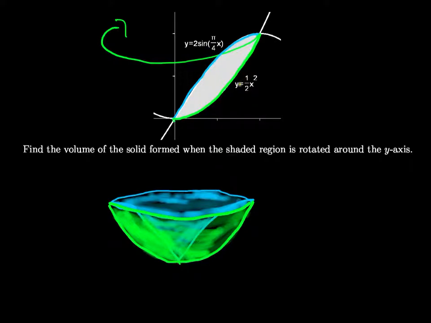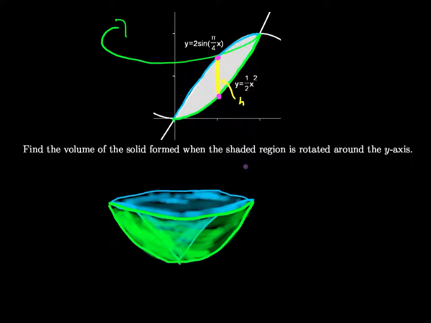So instead, I'd rather find these lengths here, and that is going to be the height of a shell. And we can see this height goes from up top here on the blue curve down to here on the green curve.